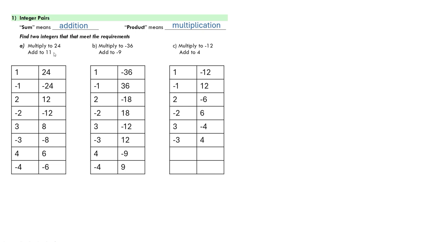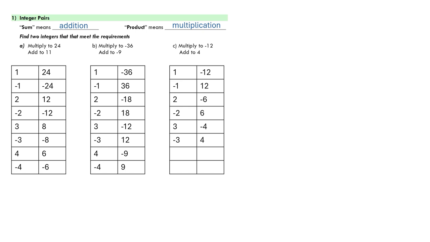There is a pair of two numbers which multiplied together will give you 24, and if added together will give you 11. This is really important to be able to do in order to factor our equations, a subject that we'll be getting to later in this unit.